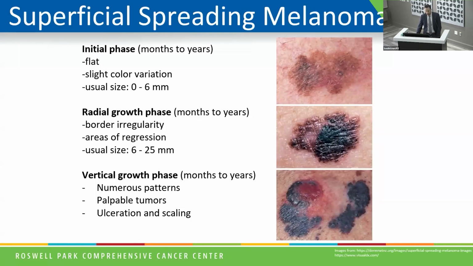Superficial spreading melanoma, after an initial phase of growth, goes through a slow, usual radial growth phase. Then the border irregularity increases, areas of regression appear, after which, again, months to years later, usually the vertical growth phase starts taking place where the melanoma starts spreading deeper.